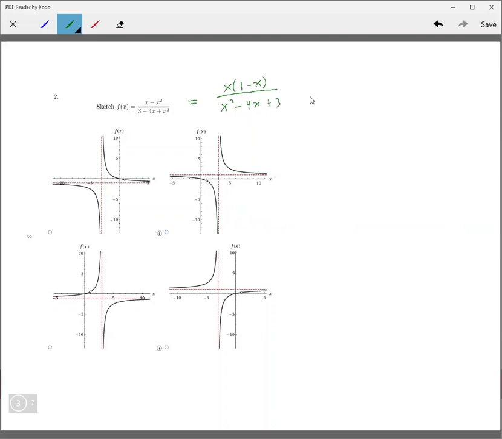I'm going to write it like this because then I can see it better to factor it. Now, out of the numerator, I want to have this x coming first. So if I factor a negative out, then I get x minus 1 like that. Okay, and then in the denominator, I can factor that as well. And that's going to give me x minus 1 and x plus 3.